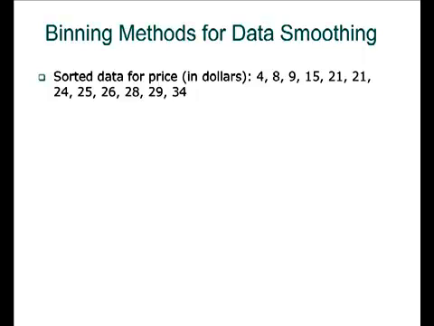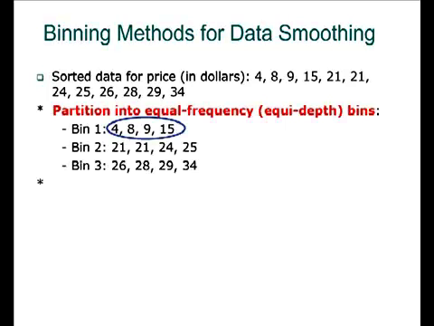In the case of equal frequency partition, which is known as equi-depth partition, we divide all the data elements into 3 different bins of the same size. The first 4 elements are in the first bin, the next 4 elements are in the second bin, and the remaining elements are in the third bin.